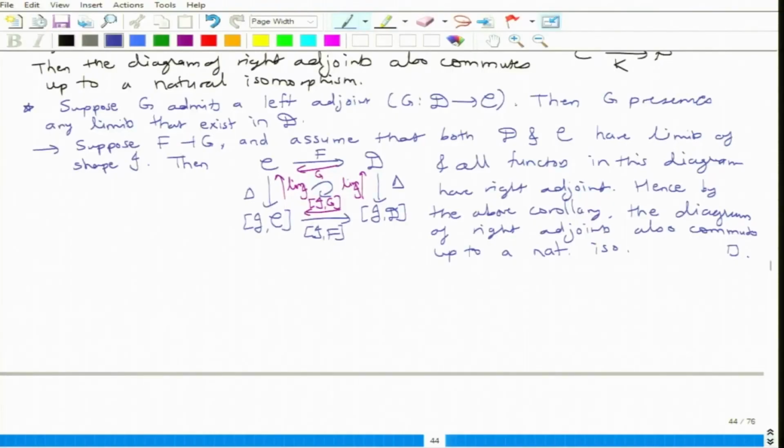No. I will tell you that this sleek proof works in the case that both of them have limits of shape J. There is an alternate direct proof which you can obviously write down. Take a limit cone and then show that that particular limit cone maps to a limit cone. And that will always work. Maybe I will give it as a tutorial problem, the alternate proof.